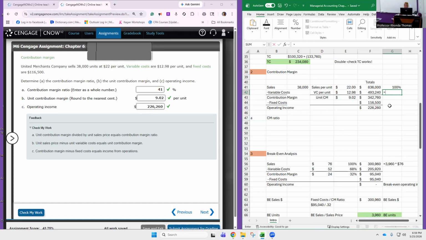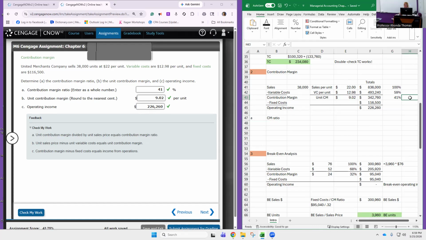Then I want to do variable cost divided by sales to see what its percentage is. These two must add up to 100. So contribution margin then is 41%.